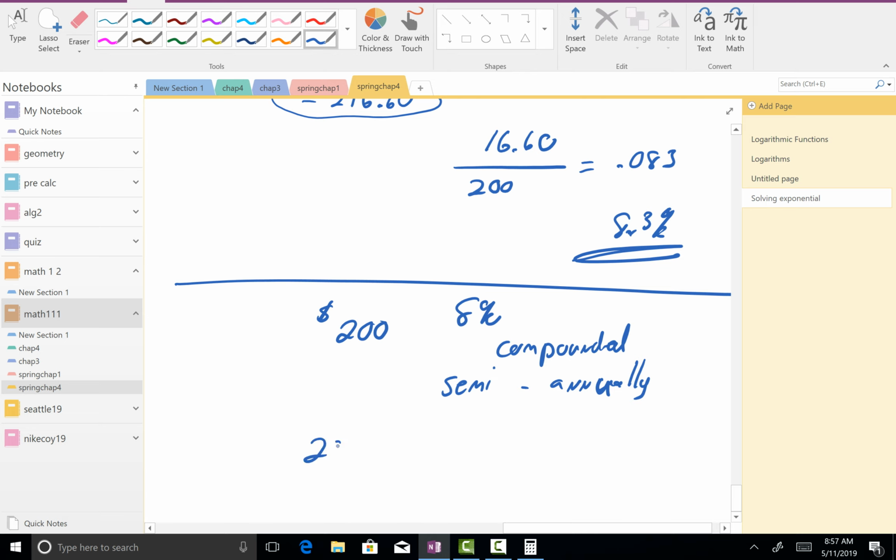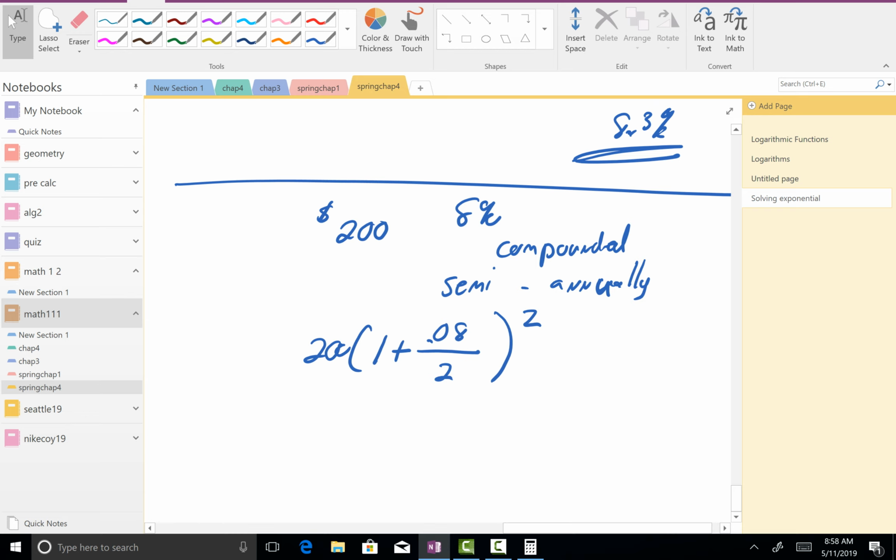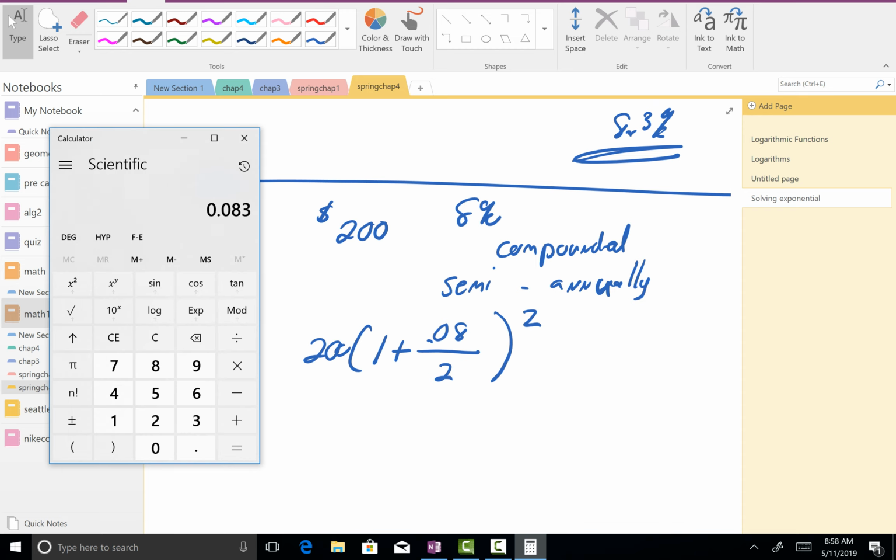You're still going to do this, still going to do this, still going to do this. It's just that semi-annually means instead of doing it monthly, we're going to do it twice. Semi means 2, so we're going to go 2, and then this is going to be 2, right? Because it's just N times T, and we're still looking at it over the course of a year.